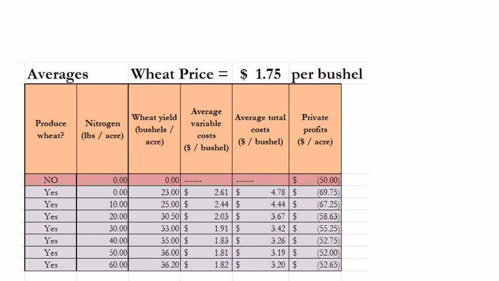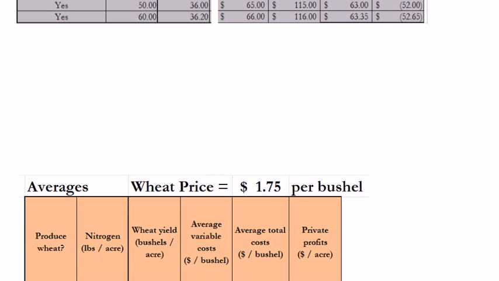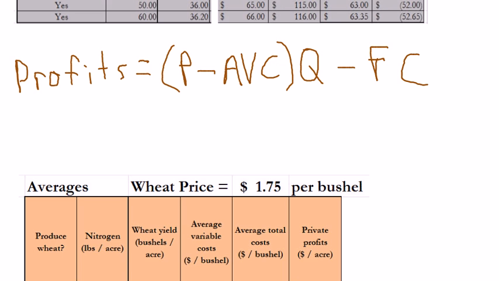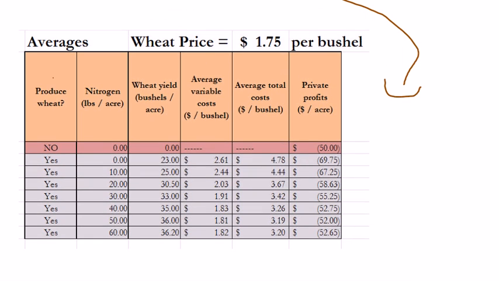Now remember, in a previous video we showed that profits can be stated as this. Profits can be shown to equal price minus the average variable cost times the quantity produced and subtract your fixed costs. And if you use that formula to calculate the profits for each different level of nitrogen application, you get these numbers.